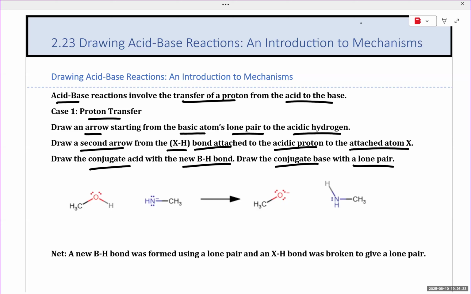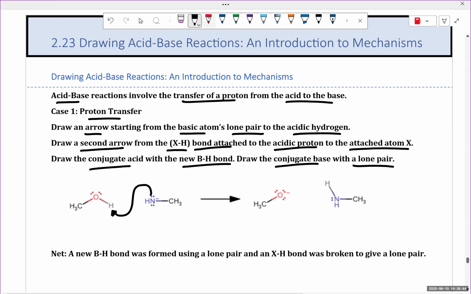So for example, if we're drawing a proton transfer between this anion and an alcohol, the anion lone pair is going to attack the acidic proton. So we draw an arrow from the lone pair to the acidic proton. And then we draw a second arrow, breaking our oxygen-hydrogen bond and generating a lone pair on oxygen.